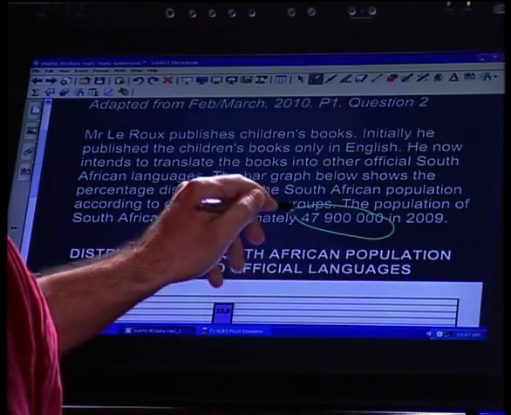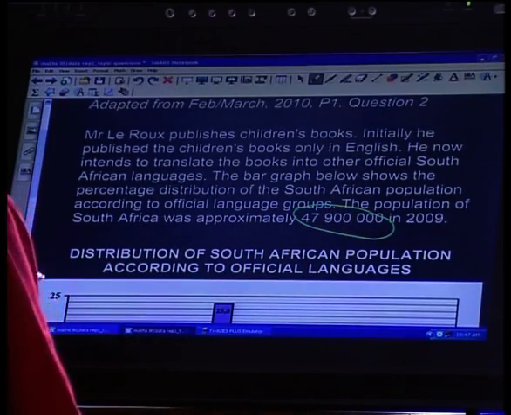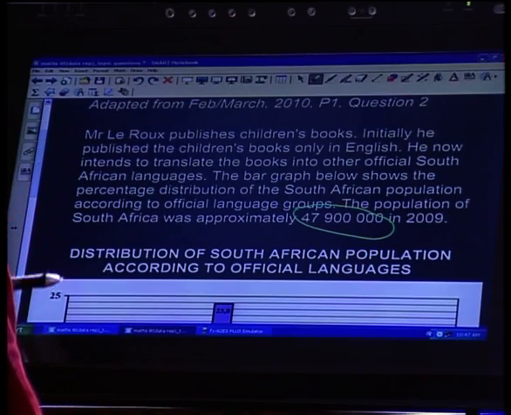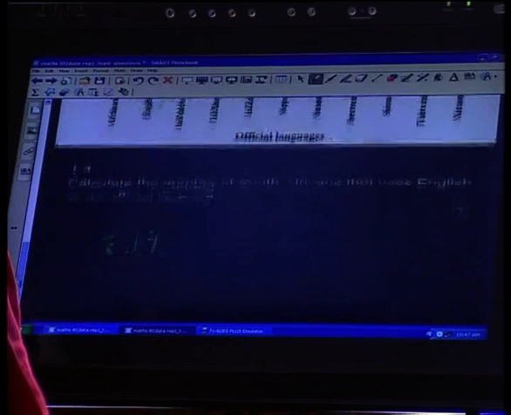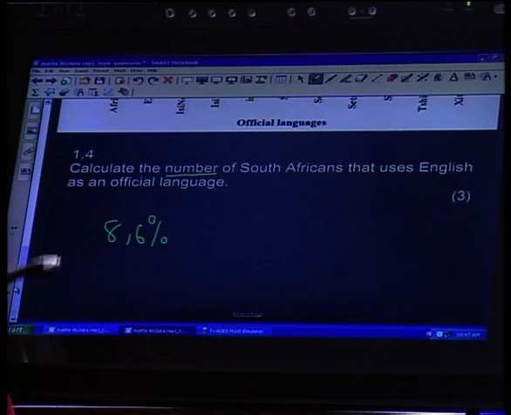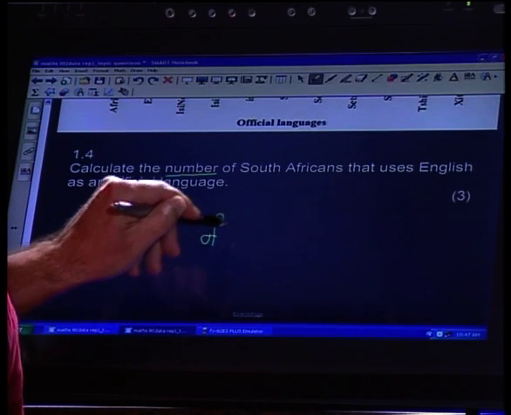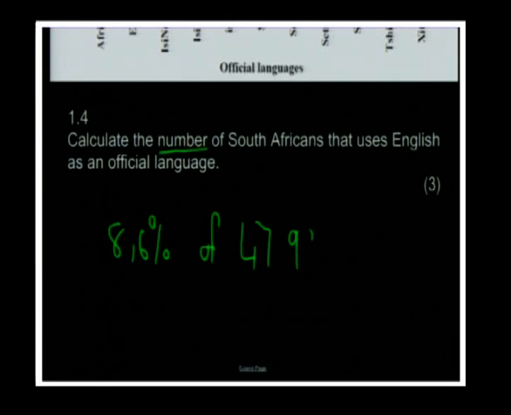But how are we going to find the number? To do that, we need to know how many South Africans there are. And right at the beginning of the question, they did actually give us that amount, 47,900,000. So what we need to go and do is find what is 8.6% of the 47,900,000 people.